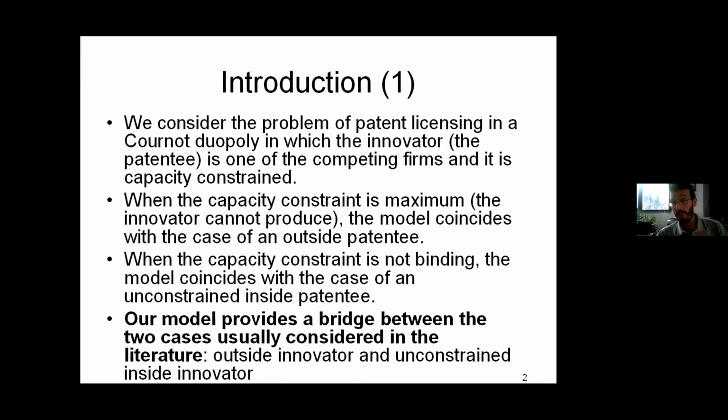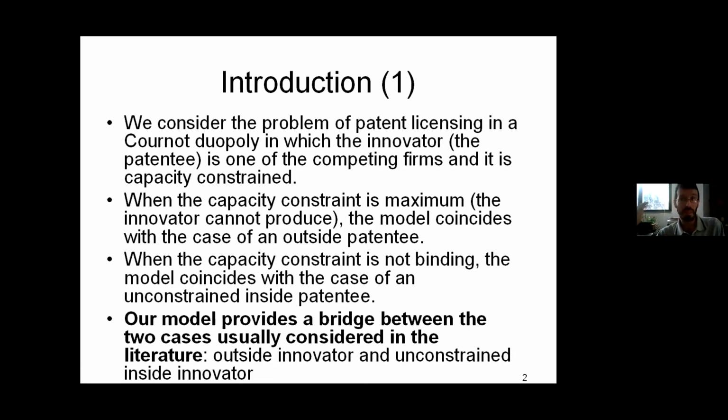Here we introduce a parameter, which is the level of capacity constraint. When the capacity constraint is maximum, the patentee cannot produce, so the quantity produced by the patentee is 0, and it is the same as having an outside innovator.